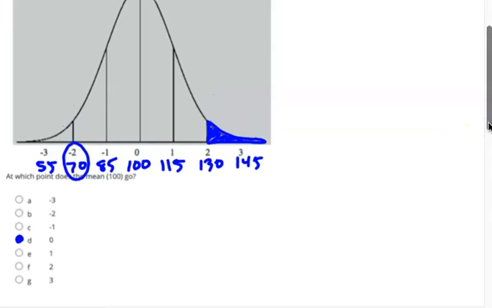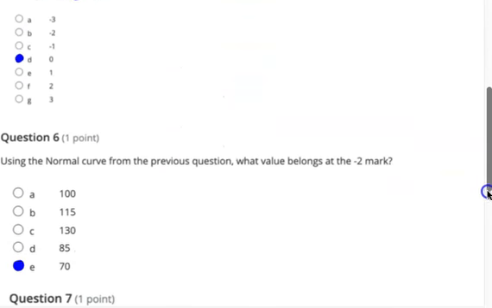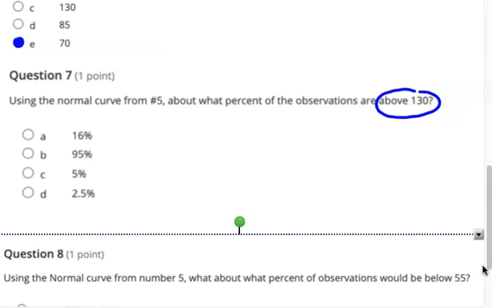So what we found out was that between -2 and +2, so from here to here, this is 95%, okay, which means that the rest of the graph is a total of 5% broken into a 2.5 above it and a 2.5 below it. So above 130, there should be 2.5%.